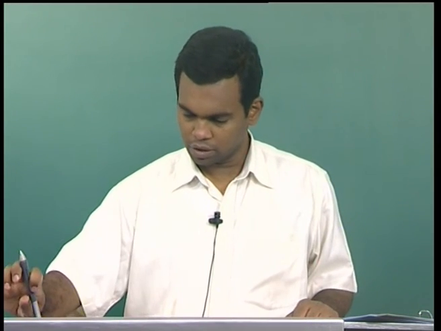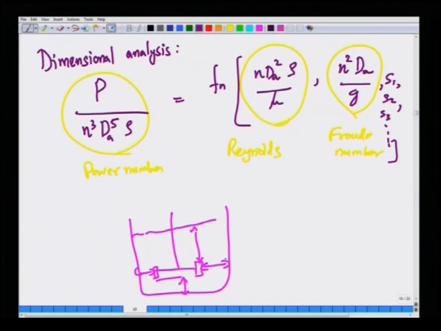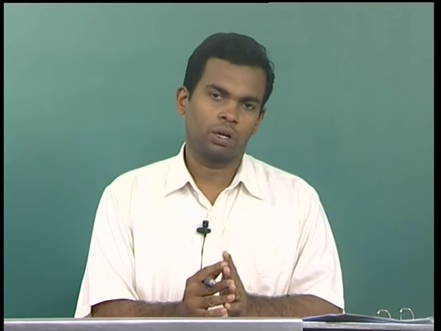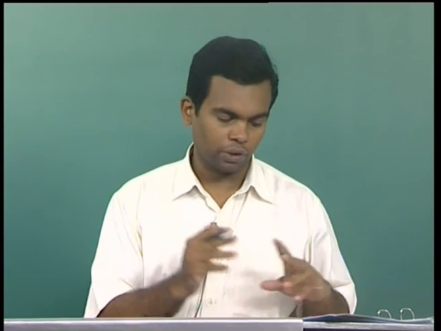So, we will just include them like this, comma S1, S2, S3. These are various shape factors which are essentially non-dimensional ratios of, let us say, this length S1 star divided by the diameter of impeller is S1 and so on. There are various other length ratios that must be equal in order for us to be able to ensure geometric similarity across scales.